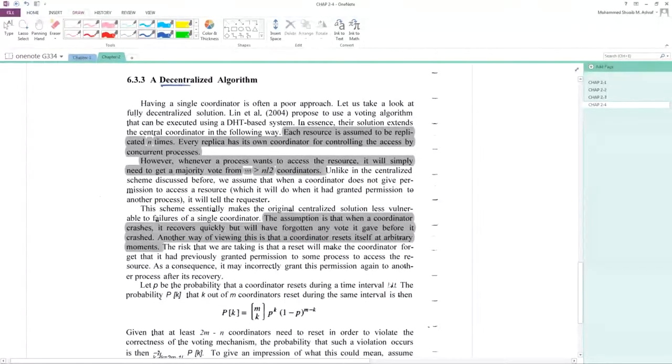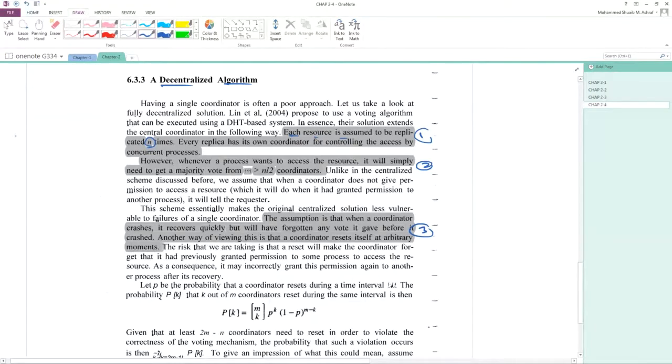Next is the decentralized algorithm. The decentralized algorithm is very easy. In this, there are three points. Number one, each resource is assumed to be replicated n times.